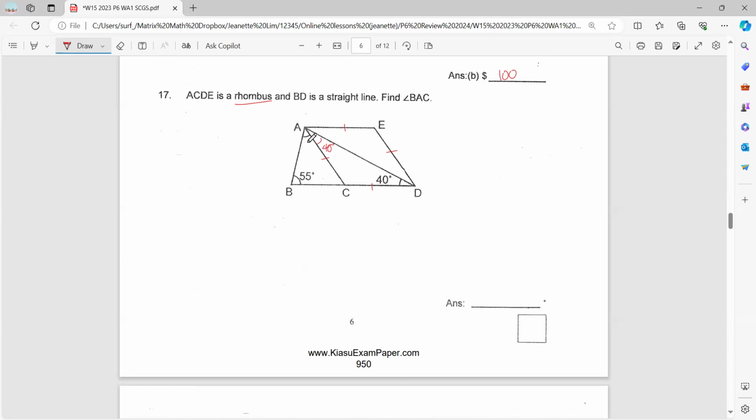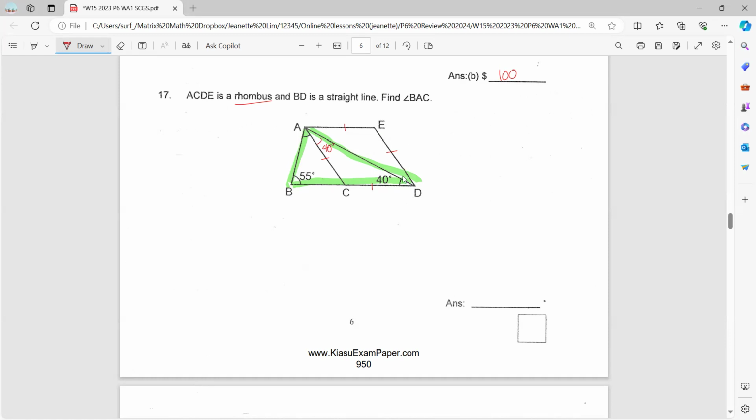Okay, now I want to find this angle. Look at this whole triangle here. Can you see that the missing portion is just this part here? So 180 minus away this, and this. You get this angle here. Okay, let's find out what this is first. Minus 55 and 40.